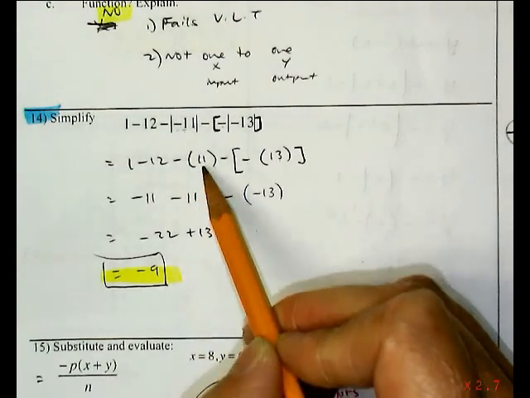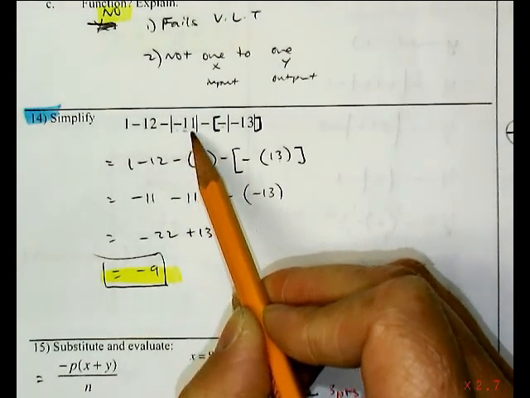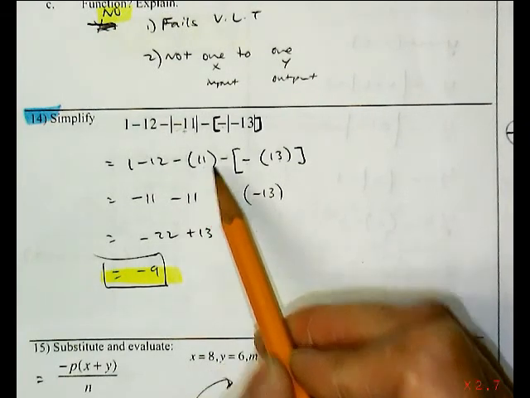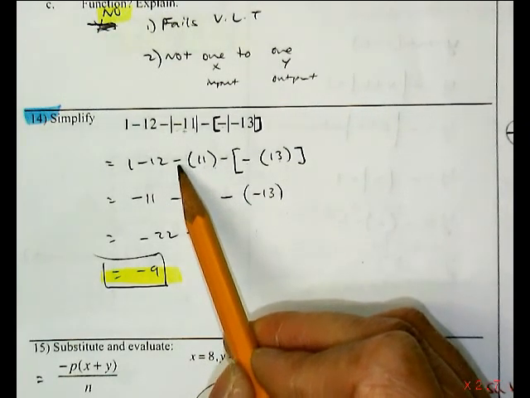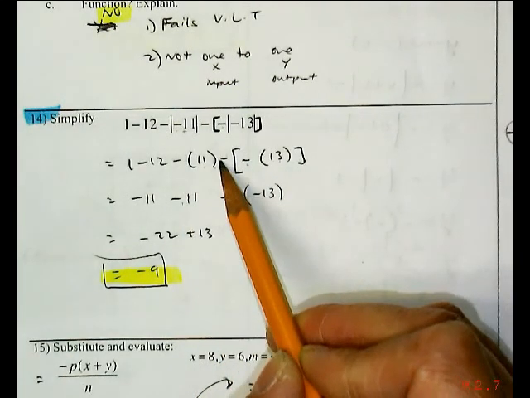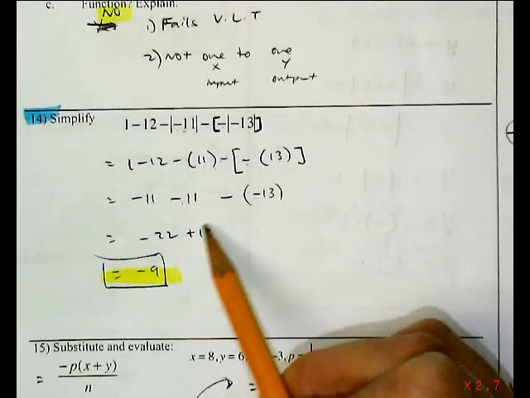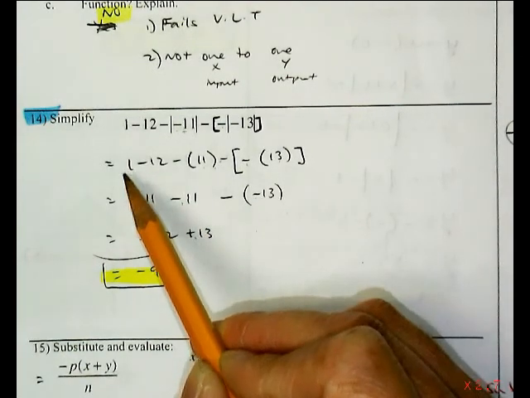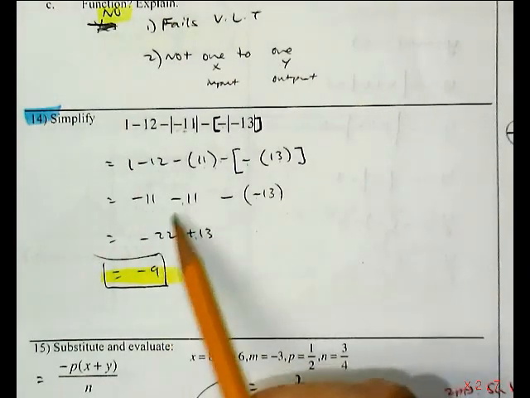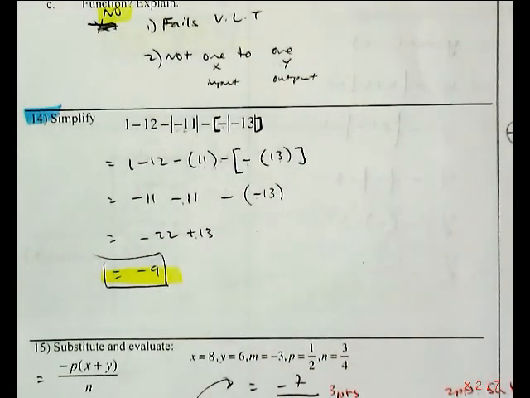Absolute value of -11 is 11. Do not distribute that negative sign. Now after taking care of the absolute value sign, then you can go ahead and do the multiplication part. So that becomes a -11. This is a -13, and the opposite of a -13 is a +13. So now I have 1 minus 12 is -11, -22, and +13 gives me -9.